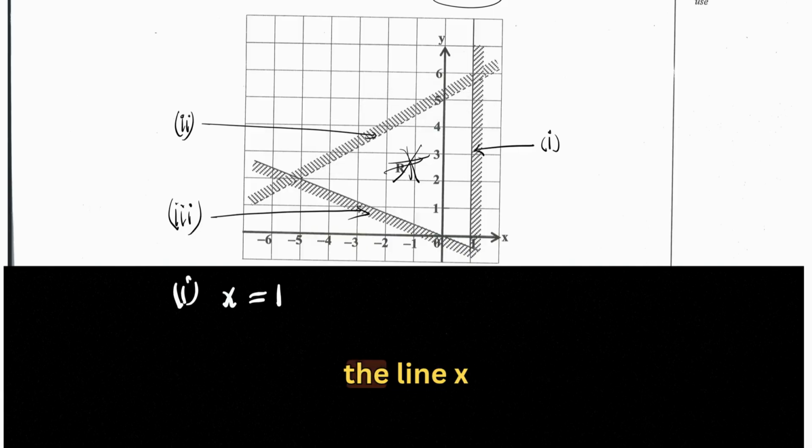Now, if you observe the line x equal to 1, this is a solid line, meaning that it can be greater or equal to, or it can be less or equal to. But when you look at the values before 1, all these values in the unshaded region are less than 1.